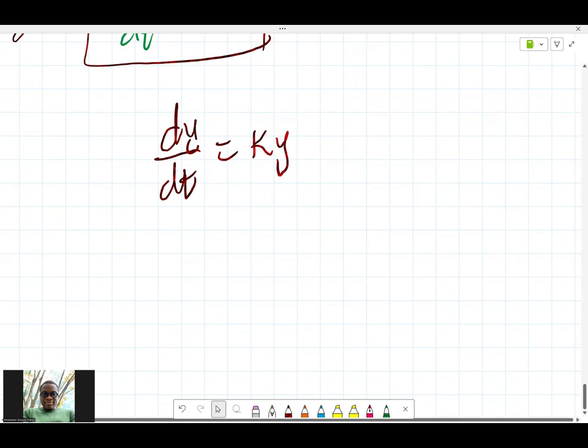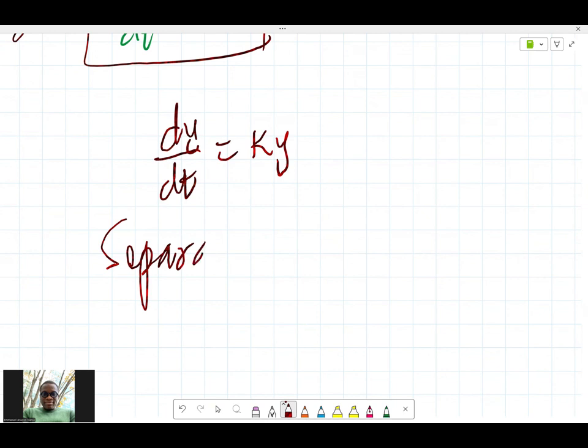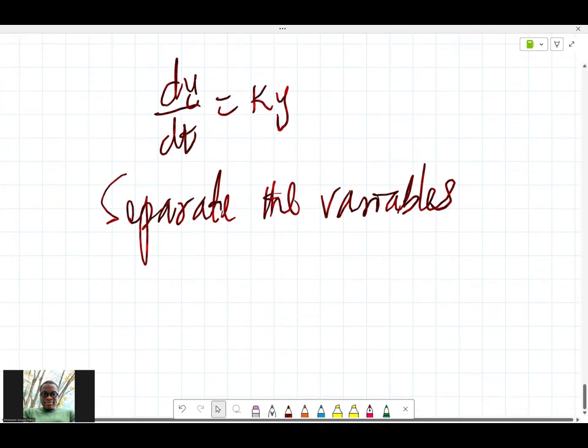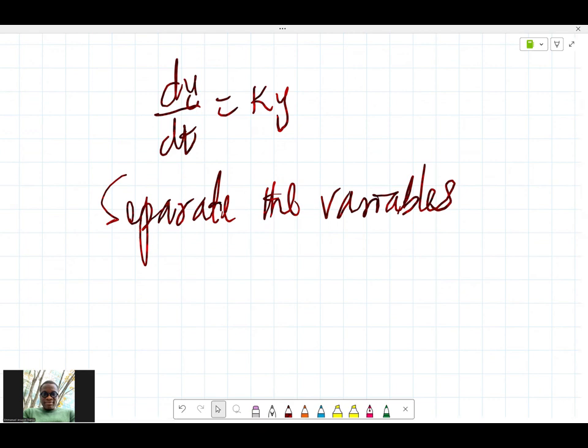So we separate the variables like we've always done. y can go with dy, and the way to do that is to divide both sides by y and multiply both sides by dt. Here we have 1 over y dy.